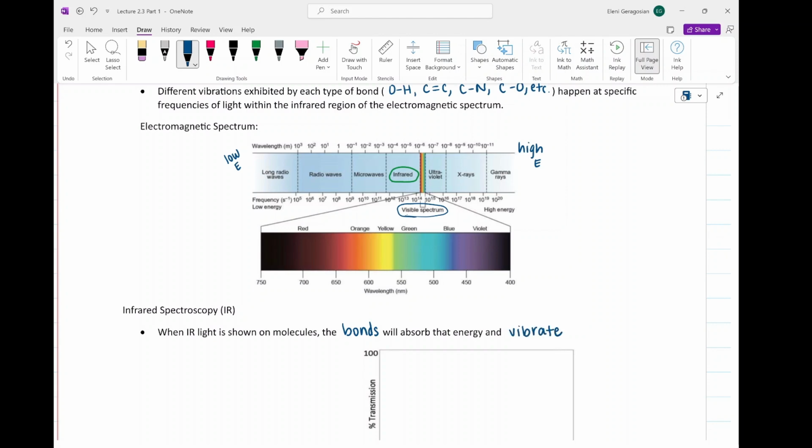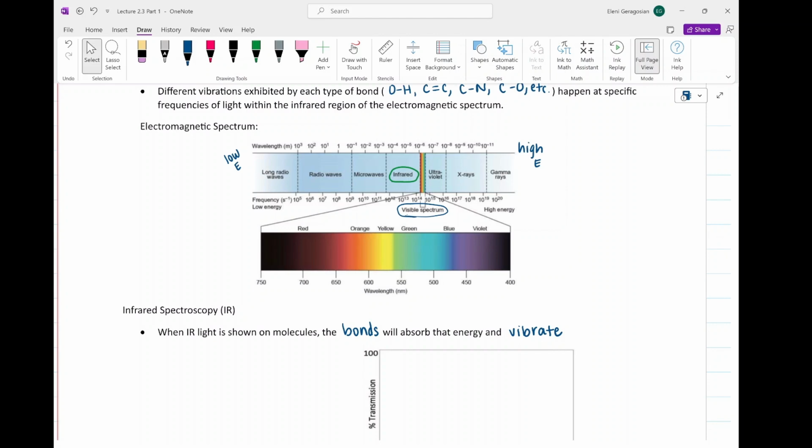So if IR light of the specific frequency and energy of a specific bond that can absorb this light is shown on that molecule, it will absorb that energy and vibrate in the ways that we saw in that video.